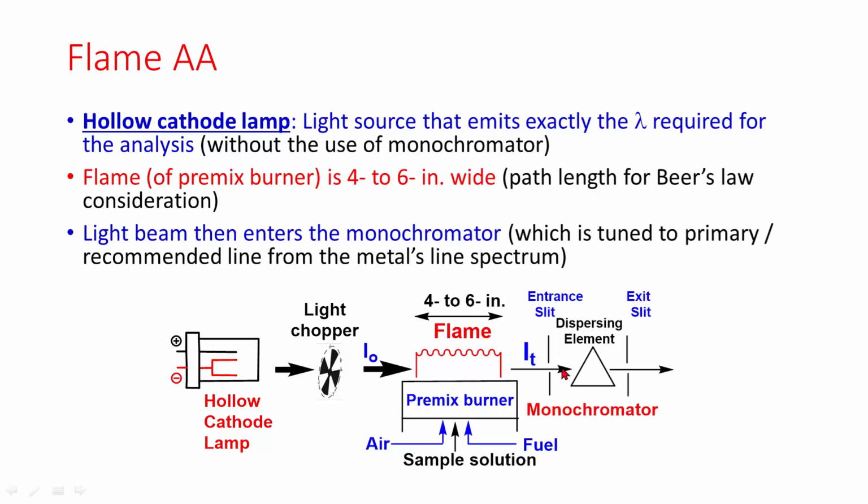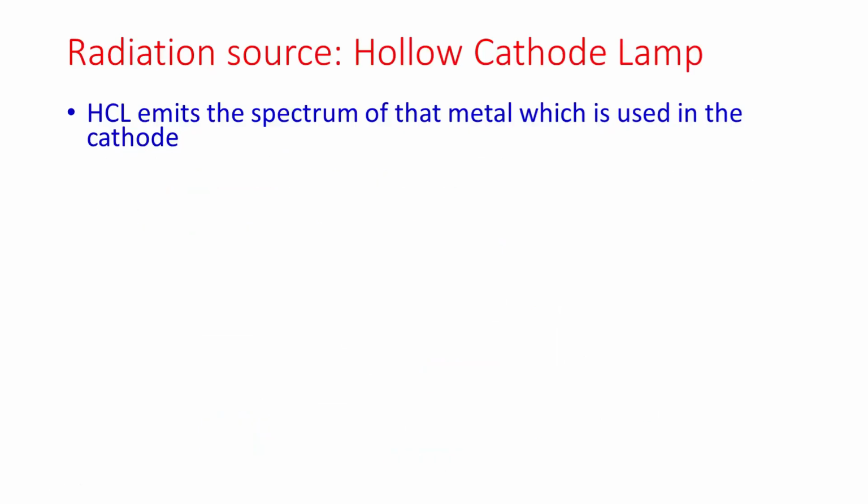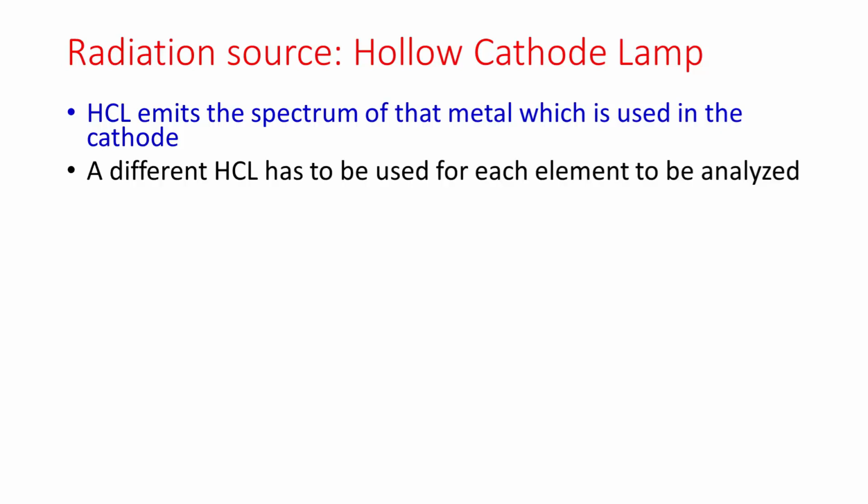Light beam enters monochromator, which is tuned to the primary or recommended line from the metal's line spectrum, which is to be analyzed in the spectrophotometer. Hollow cathode lamp emits the spectrum of that metal which is used in the cathode.